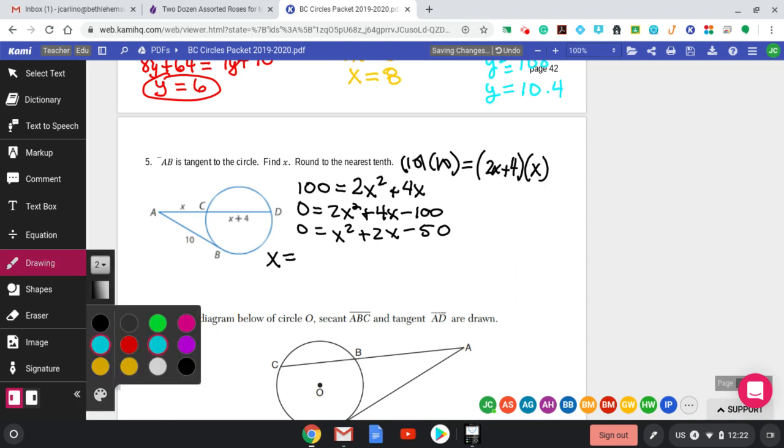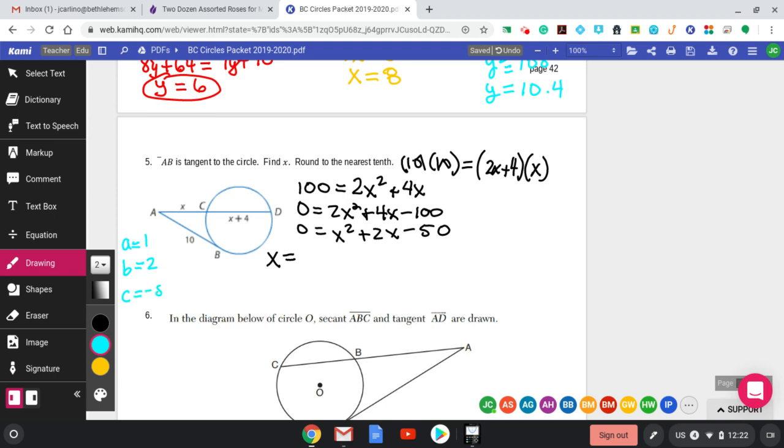I'll do this off to the side. I know my A value is 1, B value 2, C value negative 50. So when I plug it into the quadratic formula, it becomes negative 2 plus or minus. I know inside the square root is B squared minus 4AC.